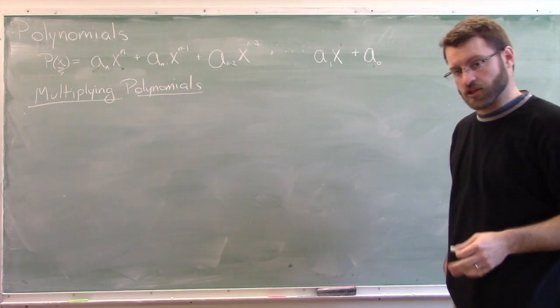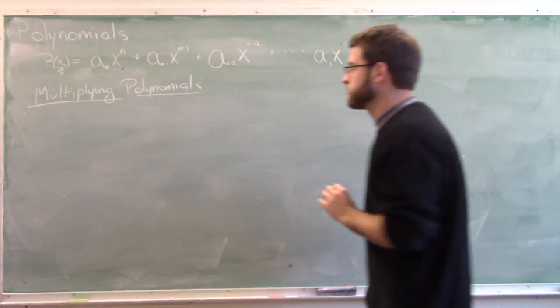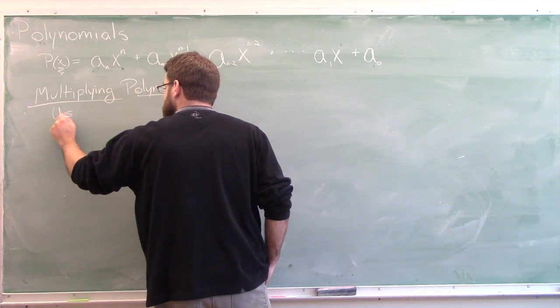The basic procedure when multiplying polynomials is to use the distributive property.